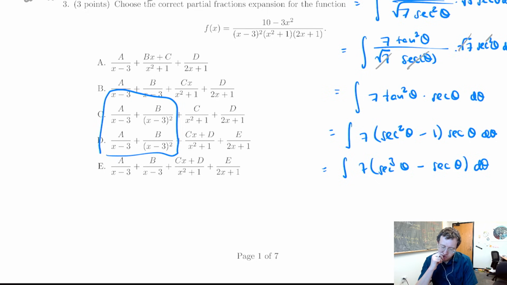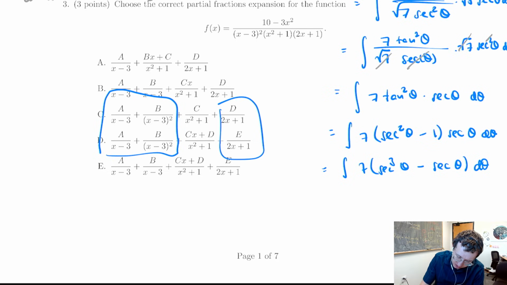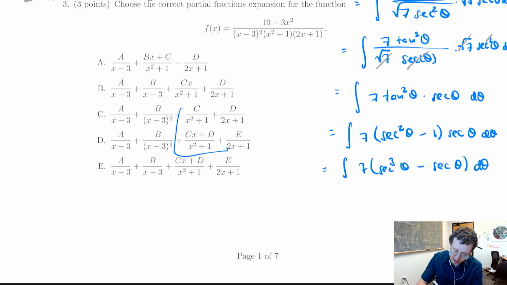I'm going to want one of those. Yeah, both of these terms. So it's going to be either C or D. In both of them, I have a constant over 2x plus 1, as I would expect. The difference is this x squared plus 1 term. When you have a quadratic in the denominator, we do actually need a cx plus d. So it's going to be option D.